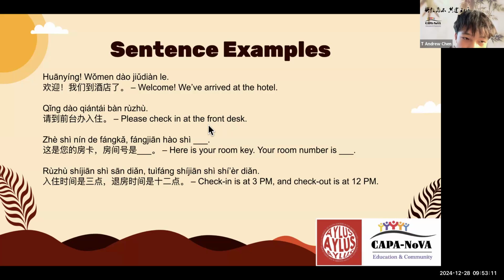Front desk would be 前台. 请到 is please go to. 请到前台办入住。Please go to the front desk to process the check in.